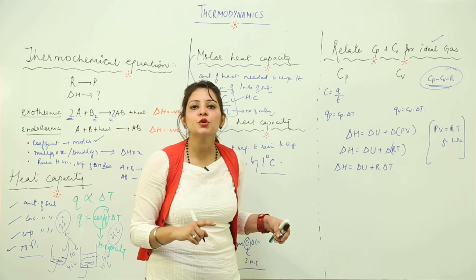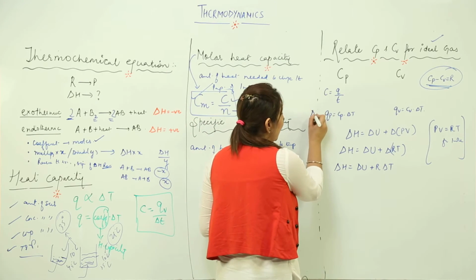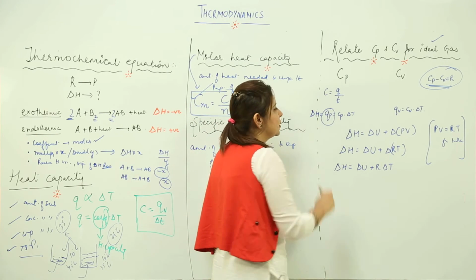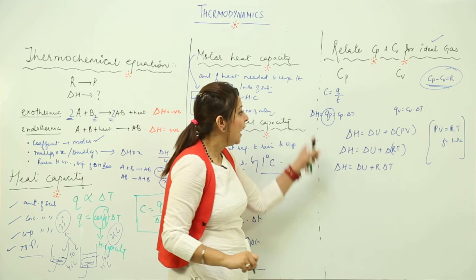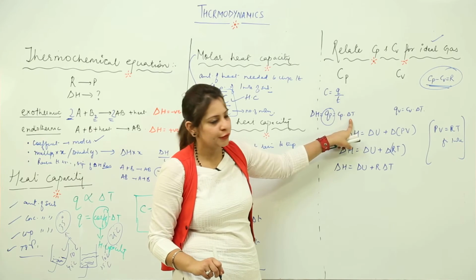Now we are in a position to write the values of delta H and delta U, because delta H is equal to the heat energy released or absorbed at constant pressure, Qp, which is equal to heat capacity at constant pressure into change in temperature.